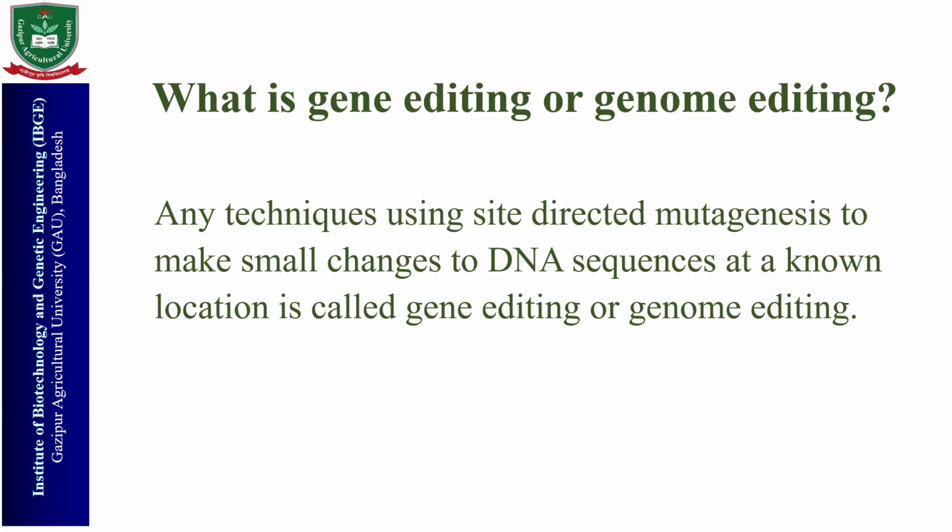But remember, gene editing can also be done to insert a new gene. But as insertion of a new gene, that is a transgene, is called GMO, to avoid that debate, CRISPR is very smart. You only do the mutagenesis, making change in the DNA sequence of an organism.